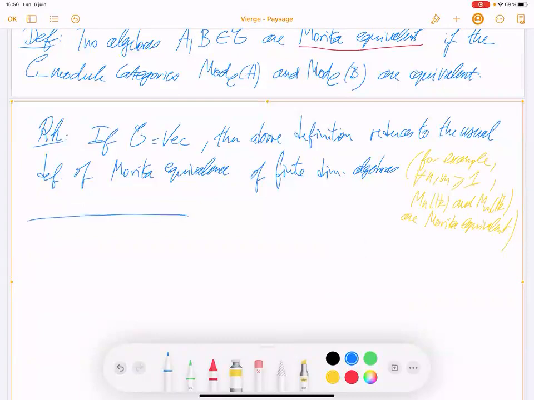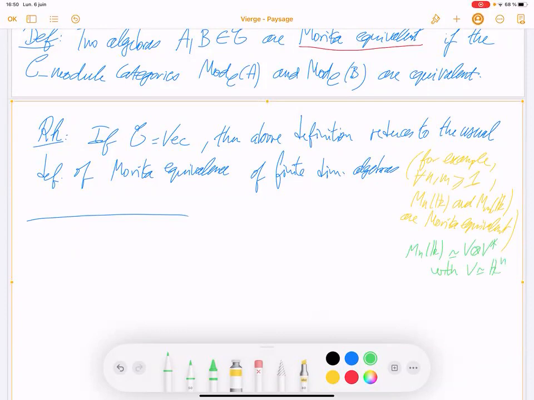And in fact, this is a generalization of that because M_n(K) is isomorphic to V tensor V star with V equivalent to K^n.